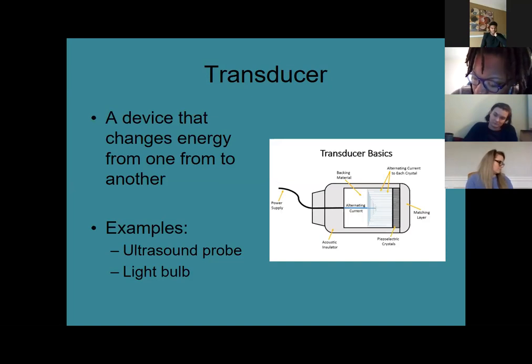It's also a transducer. But in reality, when we think of our field of imaging, the only place we really use the term transducer is with sonography. So the ultrasound probe literally is called the transducer. But again, there are many, many different devices that convert energy from one form to another.